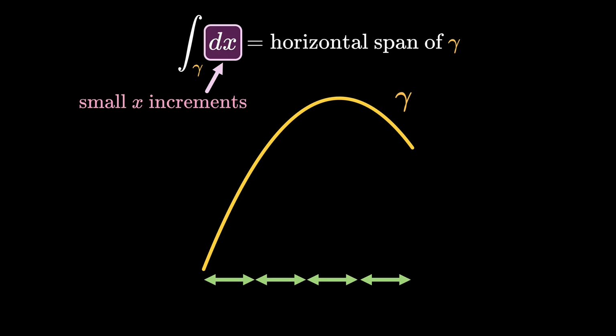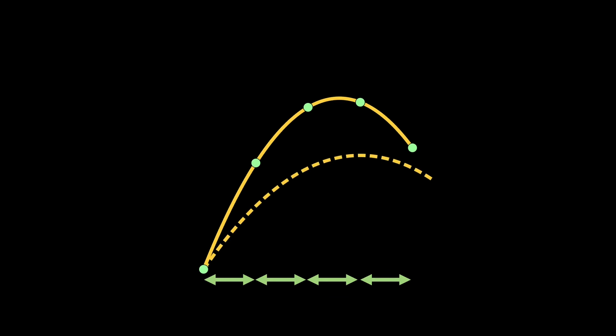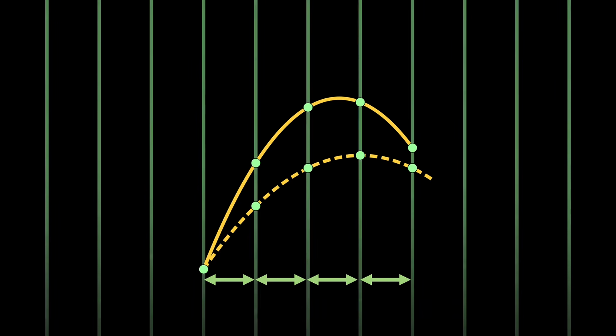Using dots to visualize, we expect them to indicate where we reach 1 unit of horizontal span. It's a similar story for a slightly different path, where the dots should also indicate where 1 unit of horizontal span is reached. By joining these dots, we obtain a set of vertical lines.